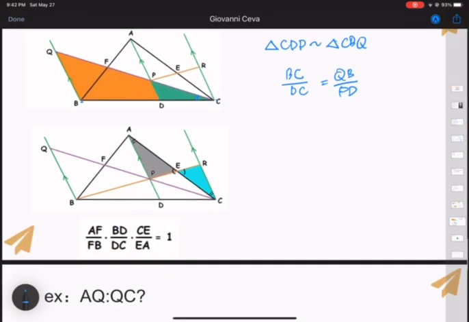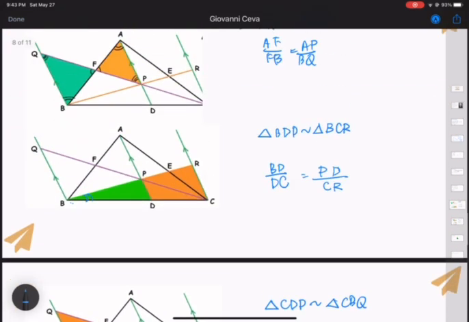On the final picture, these two triangles are similar: triangle ECR is similar to triangle EAP, so EC divided by AE equals CR divided by AP.